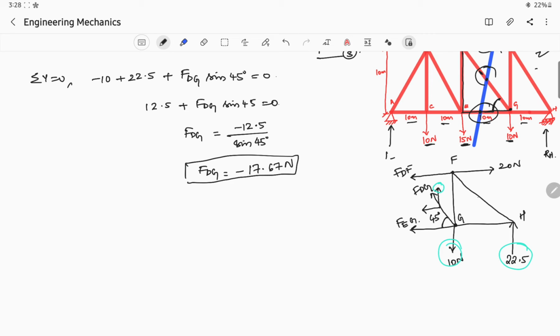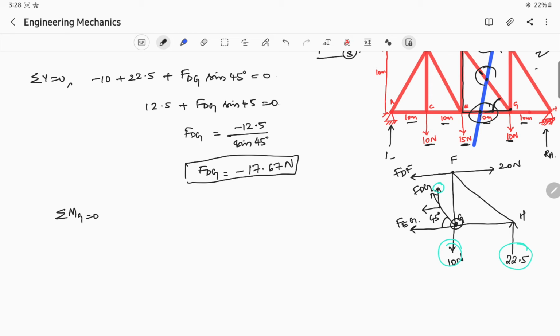Okay. Now we will try to calculate moment of all forces about point G, because we have only two equations. So the next equation should be moment of all forces about point G equal to 0.